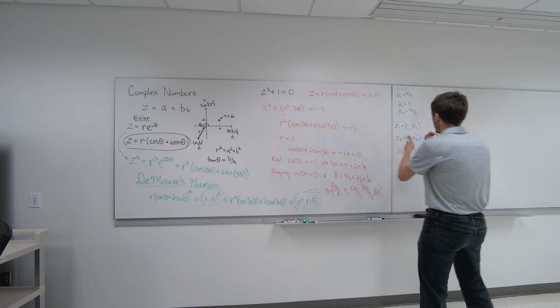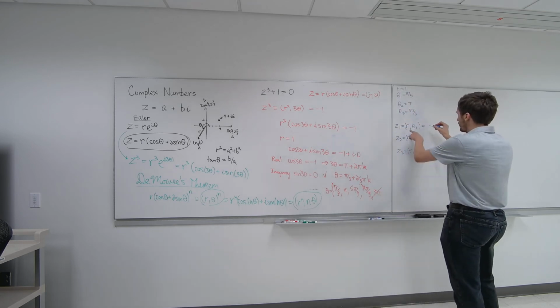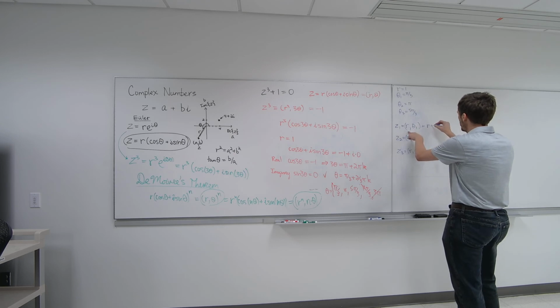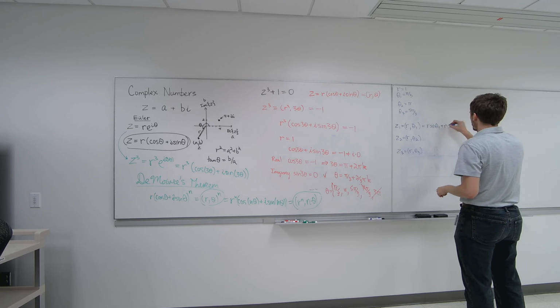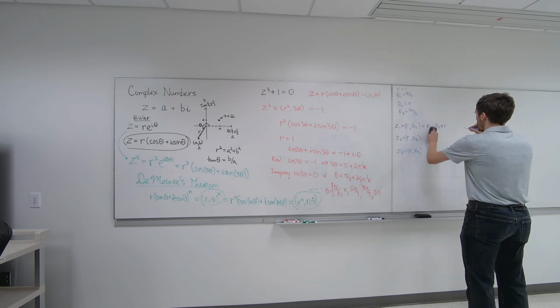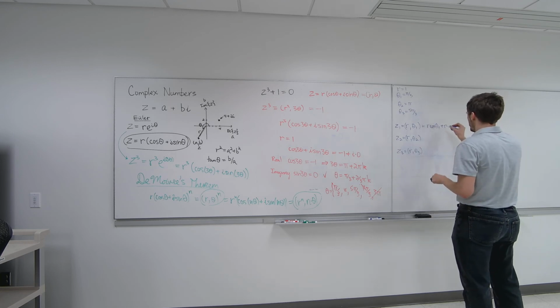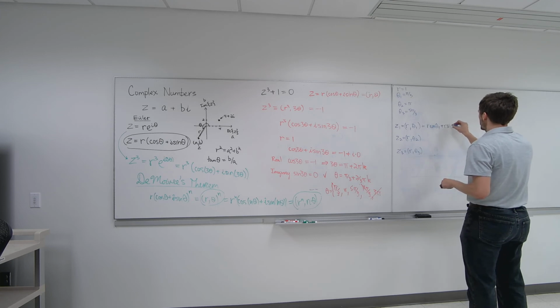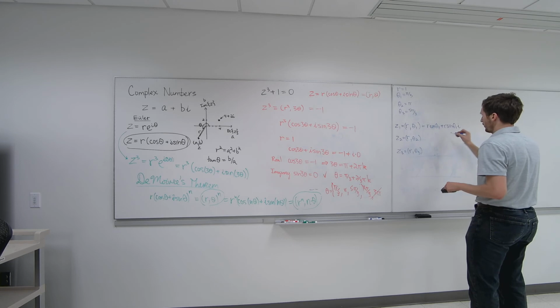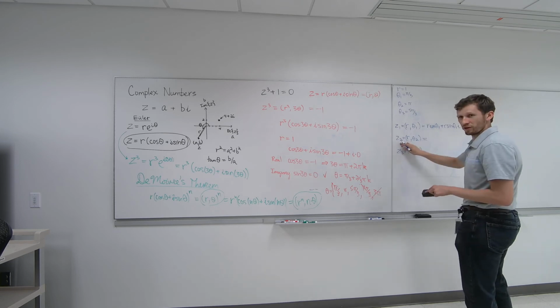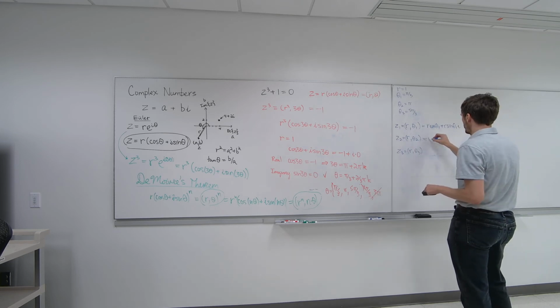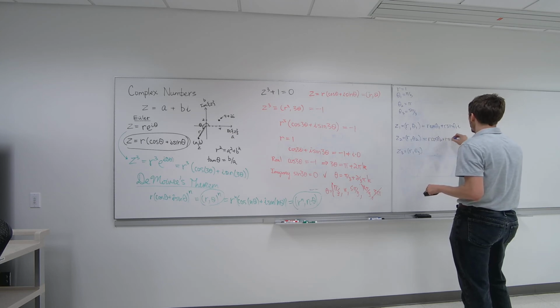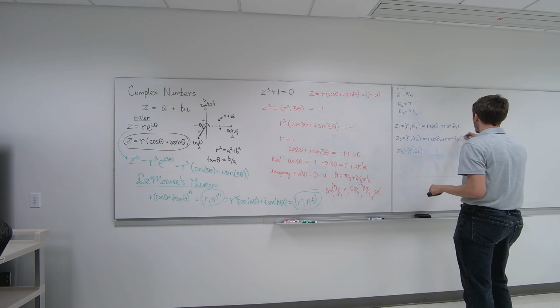Remember what this means: r cosine of the angle, that's the real part, the x value, plus r sine of the angle times I. I want to do z2 first. It's an easier number to work with. So this is r cosine theta 2 plus r sine theta 2 I.